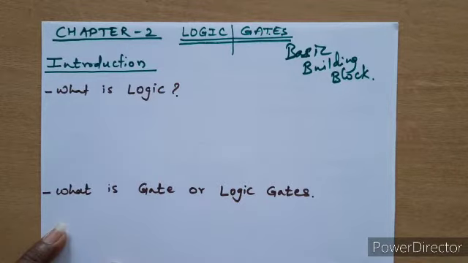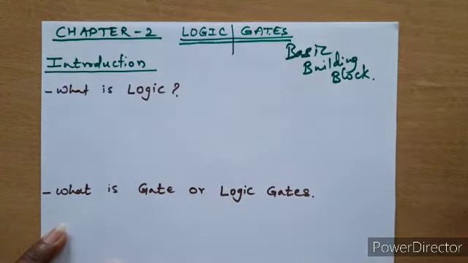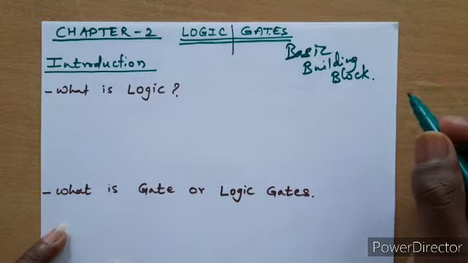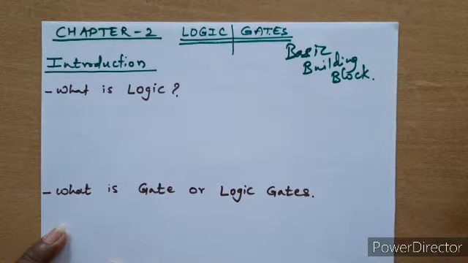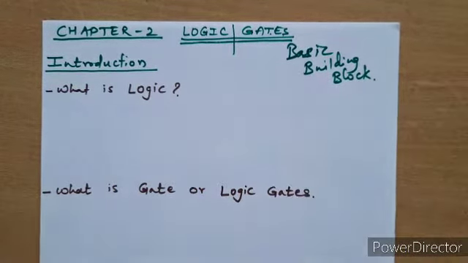You can mark my word, this logic gate forms the basic building block of any digital circuit. It's like if you want to construct a house, then some basic materials are required. Without those materials, you just cannot construct your house. The same is the case for the logic gate, and I have already given you an example.